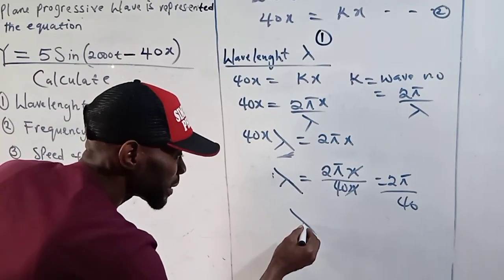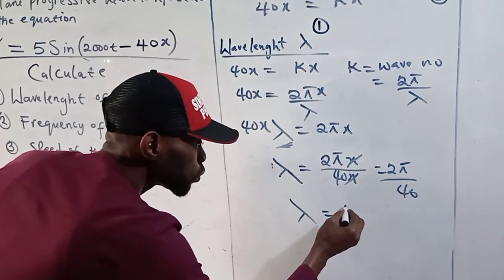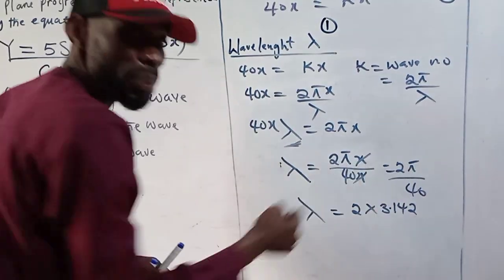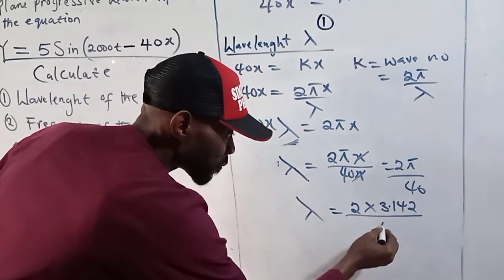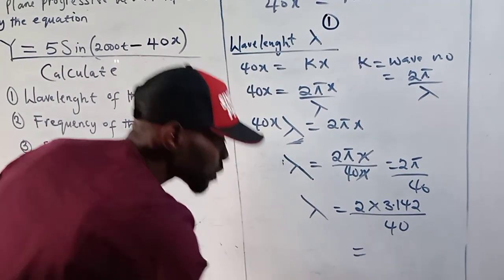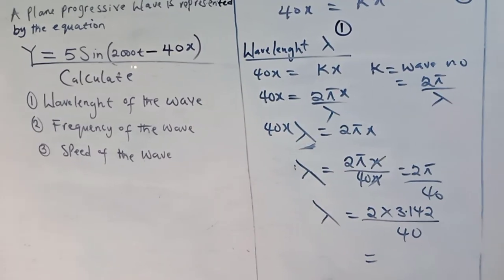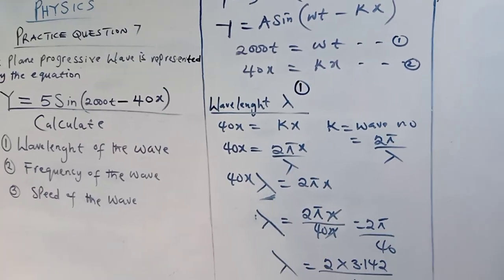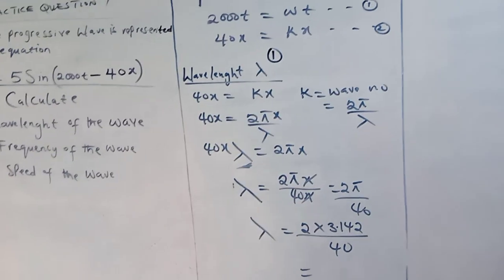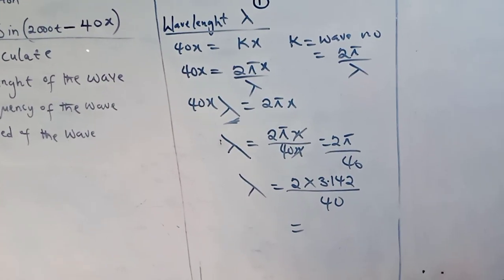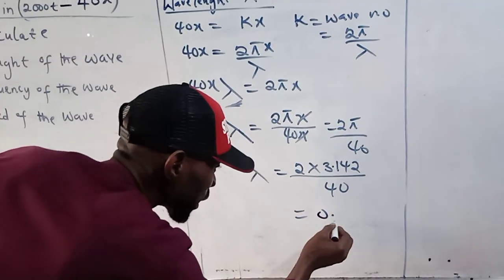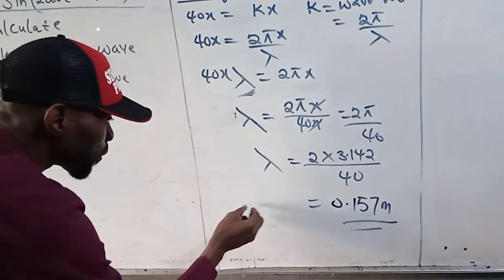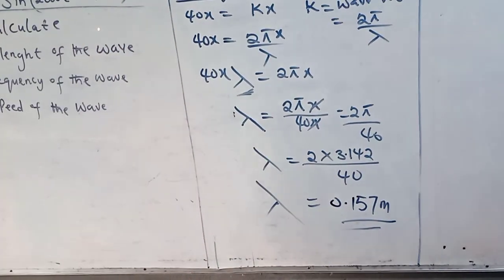So our wavelength, lambda, will be equal to 2 times 3.142 for pi divided by 40, and that gives us 0.157 meters.